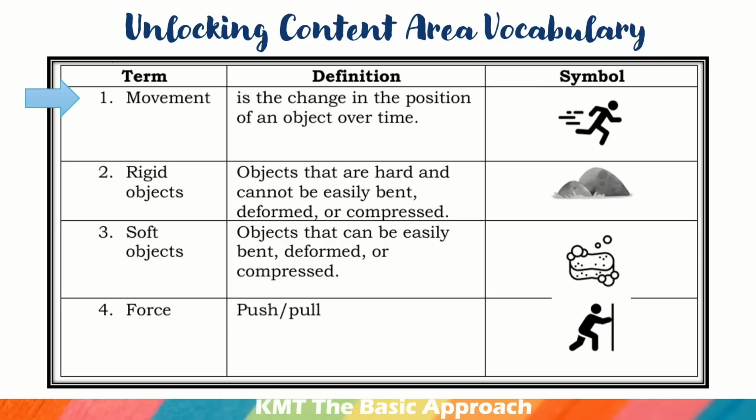Number 1, movement is the change in the position of an object over time. Look at the symbol. Number 2, rigid objects. Objects that are hard and cannot be easily bent, deformed, or compressed. Look at the symbol.